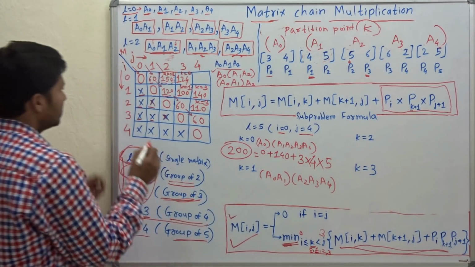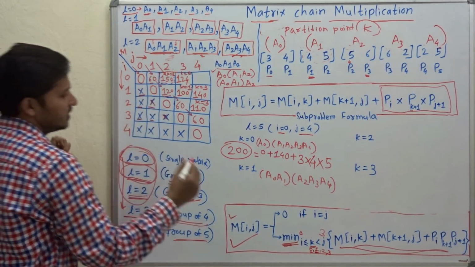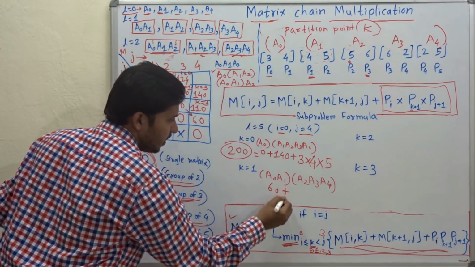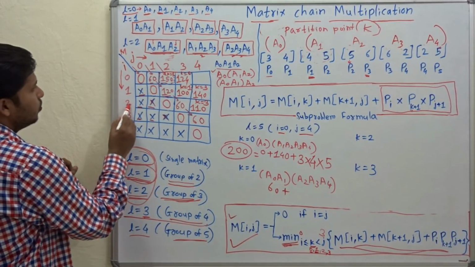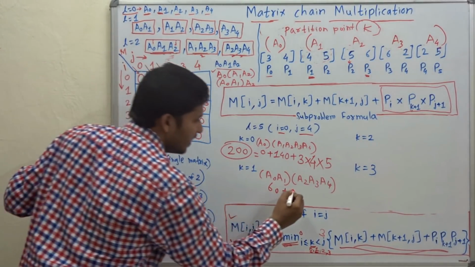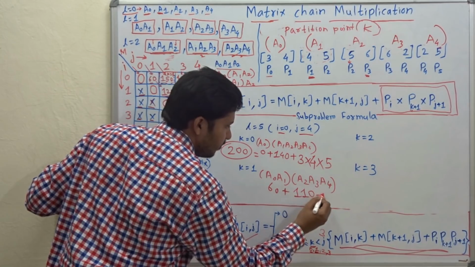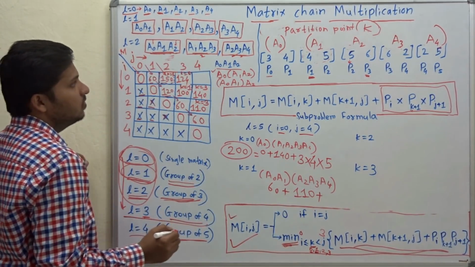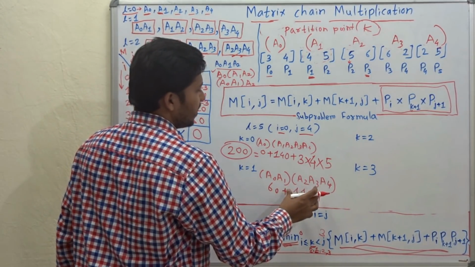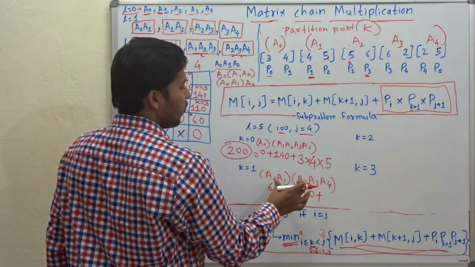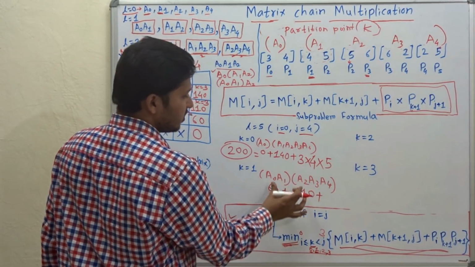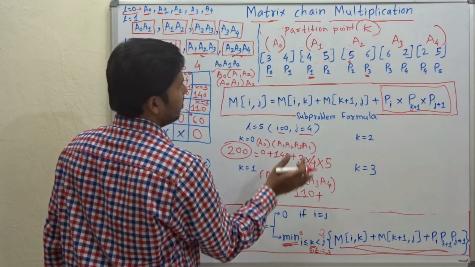Now for 0 to 1, 60 is the cost, plus A2 to A4, 110 is the cost, plus now see, you have to calculate the cost for multiplication of the results of these two sub problems.